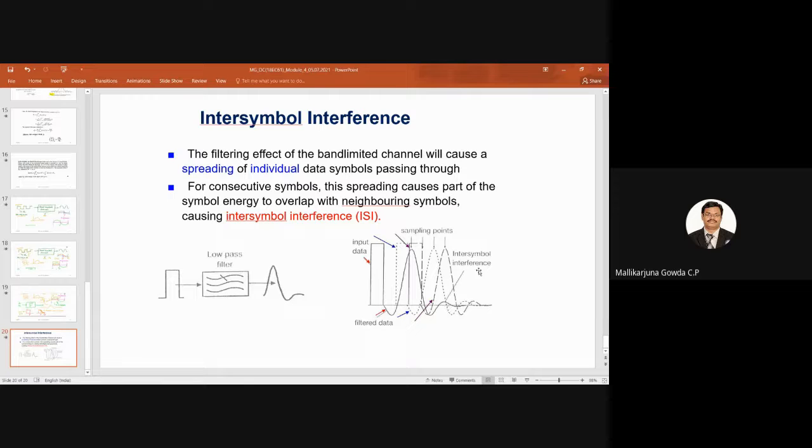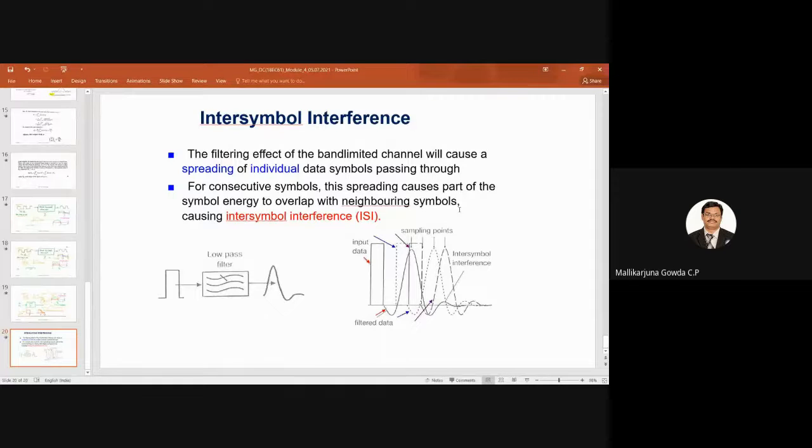The filtering effect of the band limited channel will cause spreading of the individual data symbols as it passes through. For consecutive symbols, this spreading causes part of the symbol energy to overlap with the neighboring symbols. That we say is intersymbol interference.